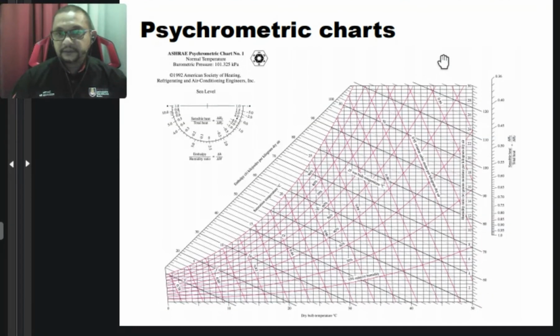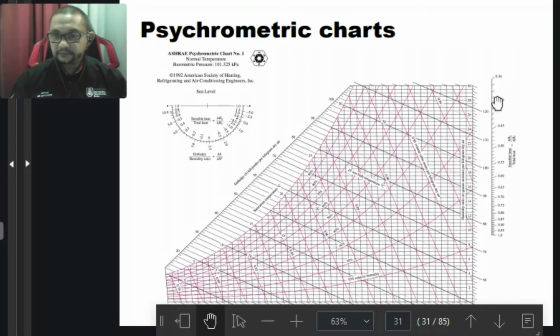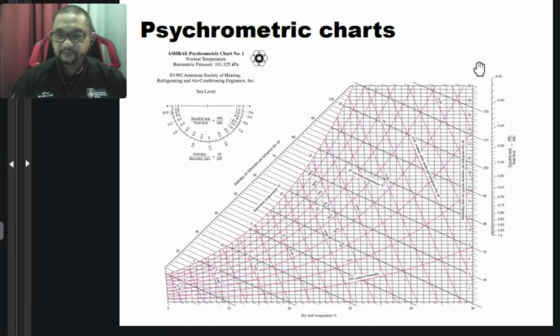Okay, this is the schematic chart. You have to understand the locations of what I have mentioned, for example the dew point temperatures, the dry bulb temperatures, and so on.